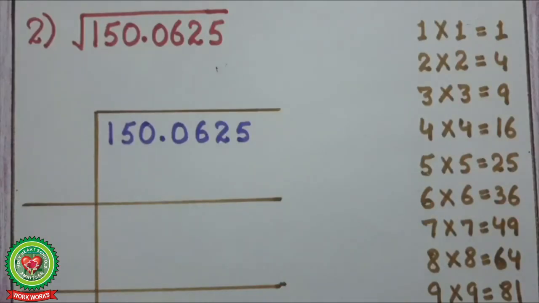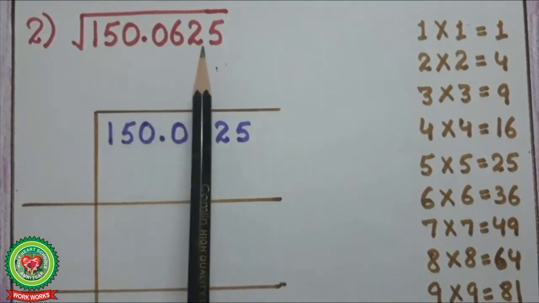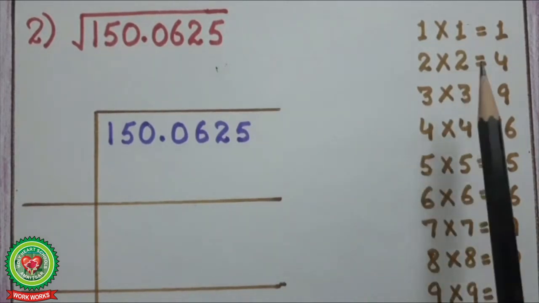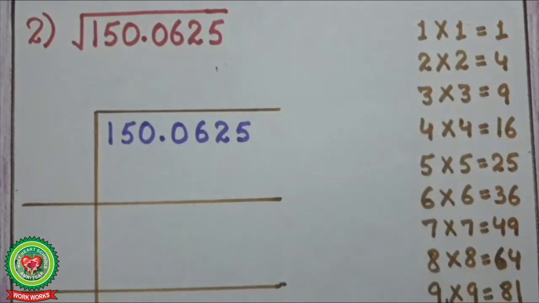Let's solve one more example, that is the square root of 150.0625. We know we have to write the square table on the right from 1 to 9 as written here. Our first step is pairing, and in a decimal number we do pairing of two types.